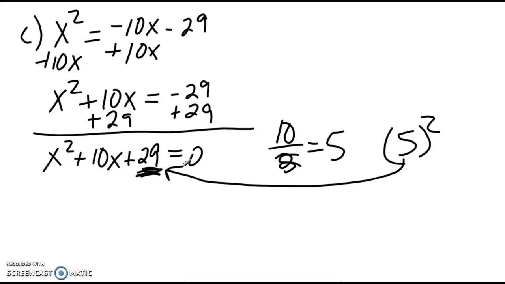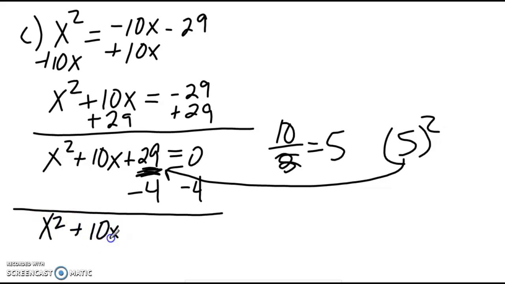Subtract 4. So if I'm going to subtract 4 from the left, I have to subtract it from the right in order to keep it as an equation. So we get x squared plus 10x plus 25 equals negative 4. And now we're in the same boat that we were in. The steps after this point are going to be the same as what you did in the last problem, so you can refer back to that.